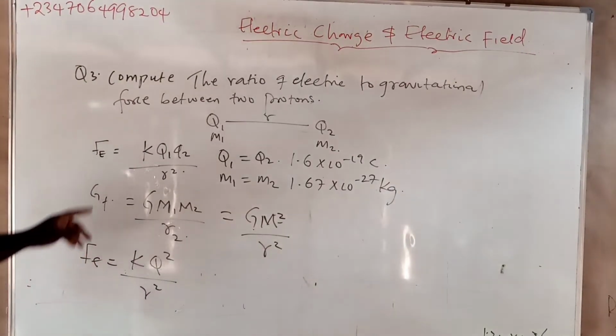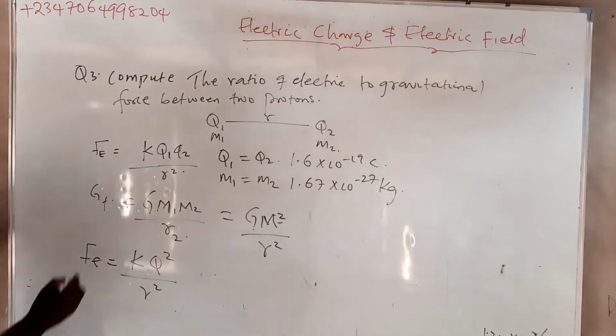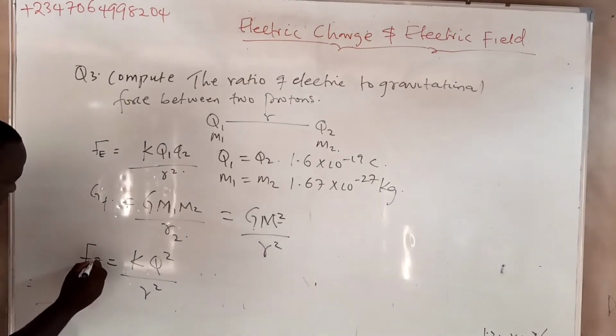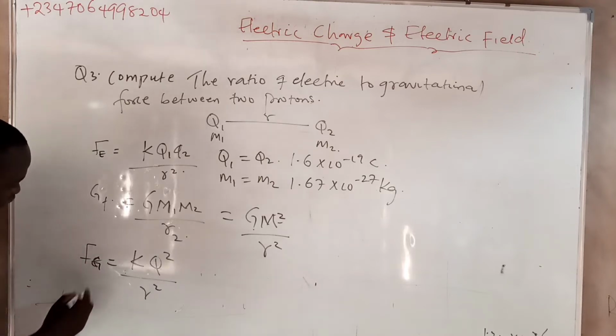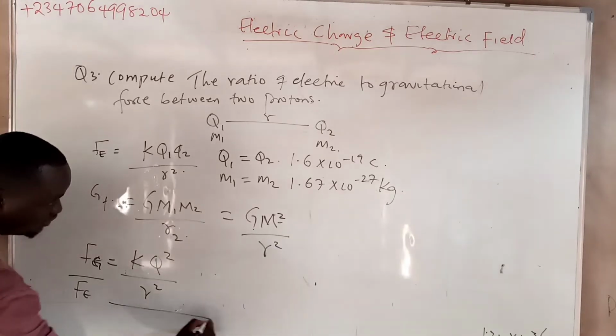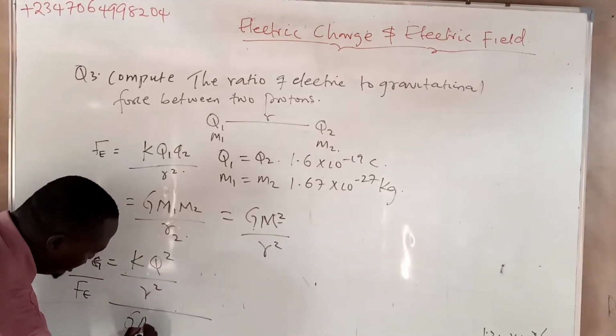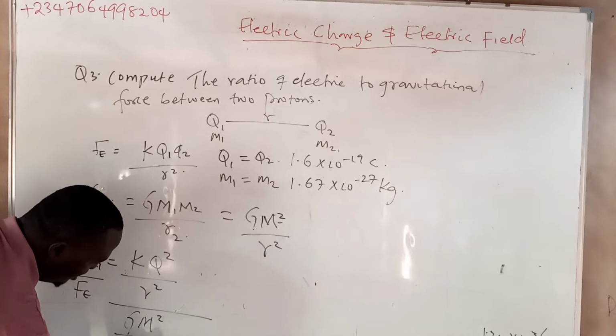Remember, they want us to find the ratio of this to this. So this will then be the gravitational force Fg over Fe, so I will divide this by G m squared all over R squared.